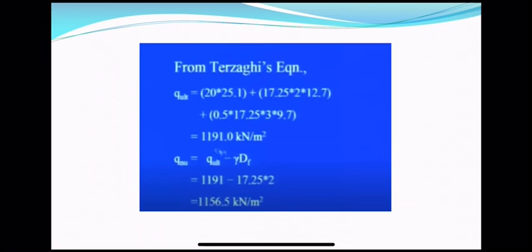Now again in Terzaghi's bearing capacity equation, if you substitute these values, we will get the ultimate bearing capacity as 119.0 kilonewton per meter square.